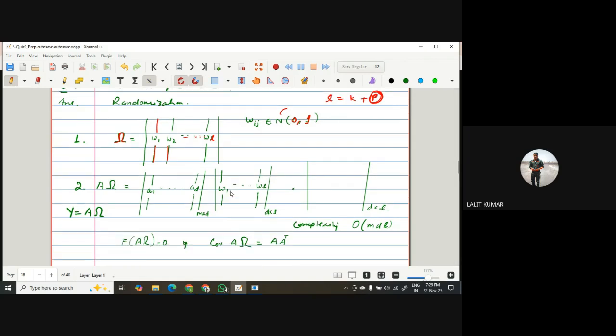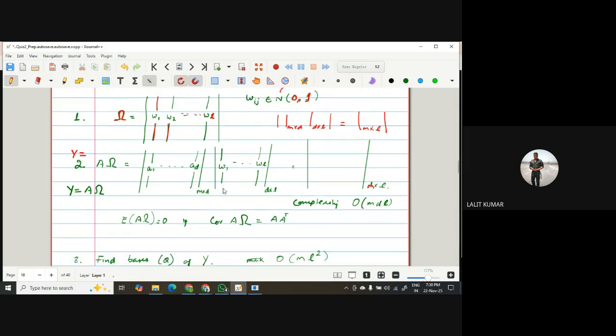Second step, Y is equal to A omega. A is M into D, and omega is D into L, and it will give me M into L. So Y is equal to A omega, M into L. Sorry, this is a typo.